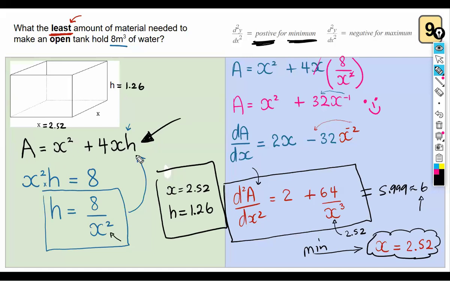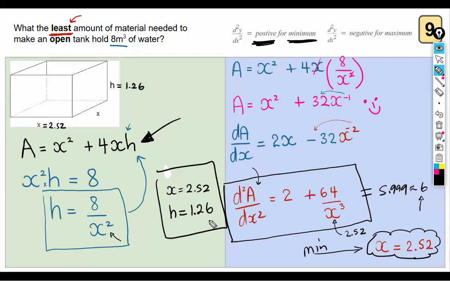2.52. Any x you see with 2.52, and any h's with what? 1.26. In other words, replace the x and h's with the minimum values and work out the minimum surface area, right? So this question went one step further, where they didn't only want the values of x and h to give you the minimum surface area.